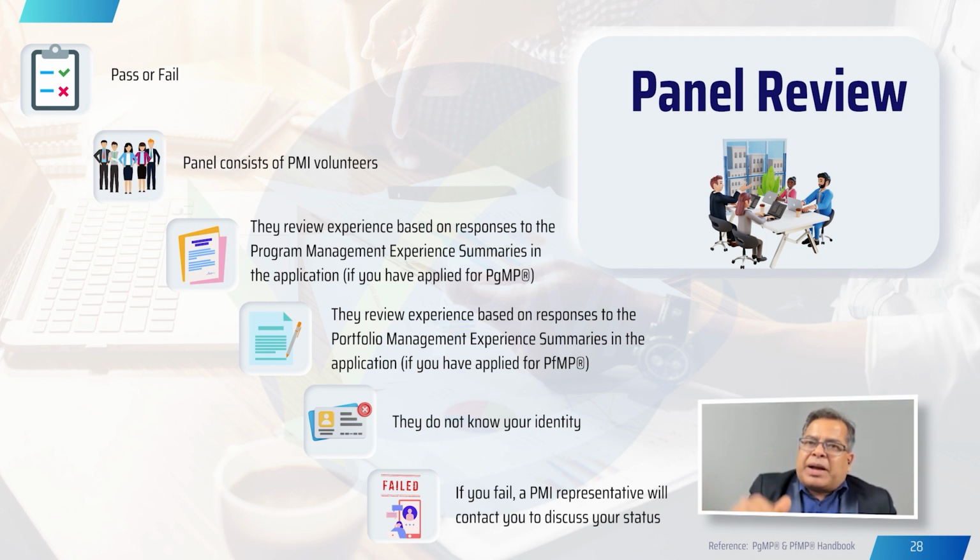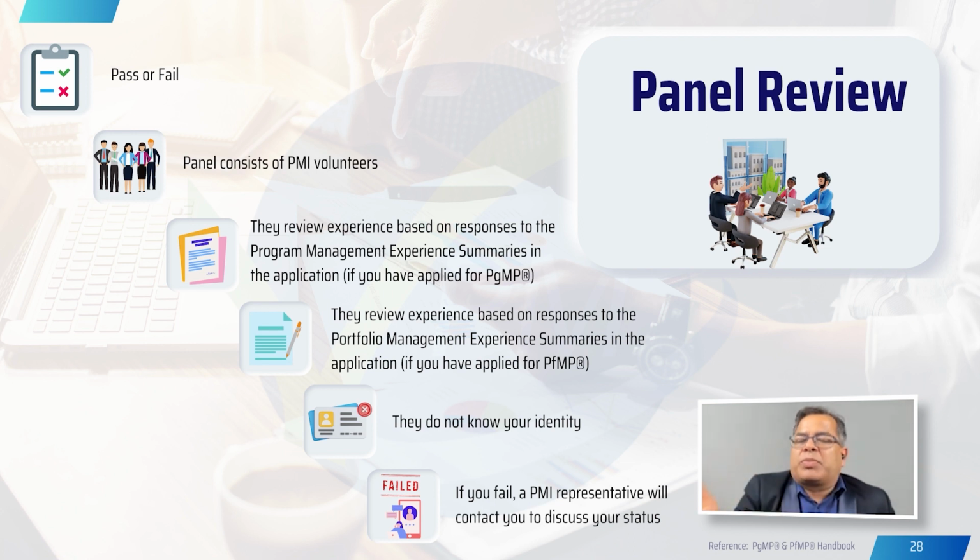Now, PMI's volunteers will go through your 5 questions. Remember, we talked about the 5 questions. They will go through the 5 questions and whatever responses you've given, and they see if that makes sense to them. If everything looks okay, they will give you a pass, or they can ask you to revise the application, or there is an option to withdraw as well.